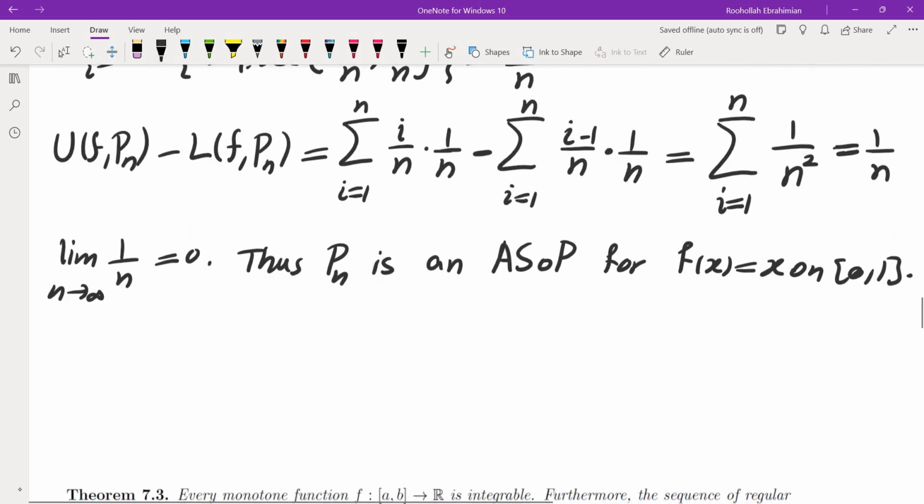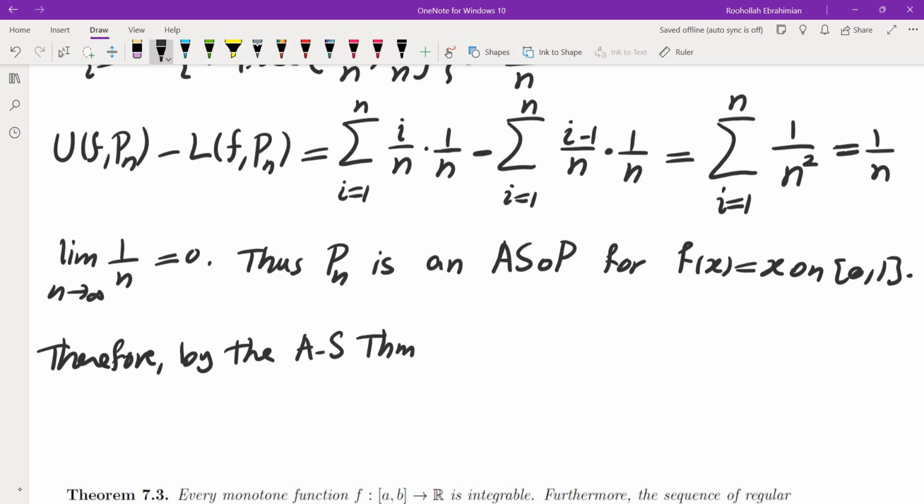Okay, therefore, by the Archimedes-Riemann theorem, f is integrable.